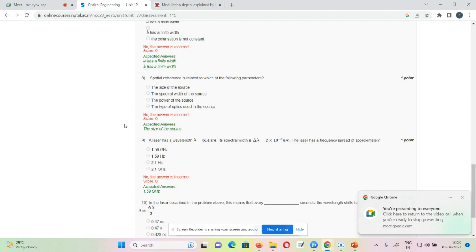Now a laser has a wavelength of lambda equal to 614 nanometer. The spectral width is given as delta lambda equal to 2 into 10 raised to minus 3 nanometer.